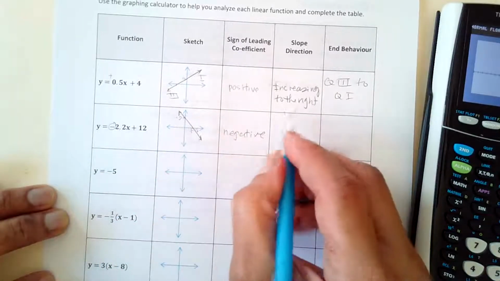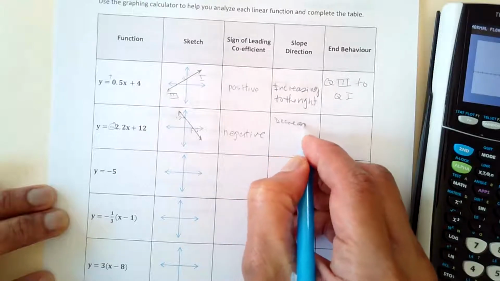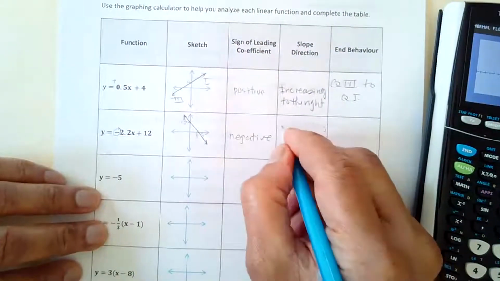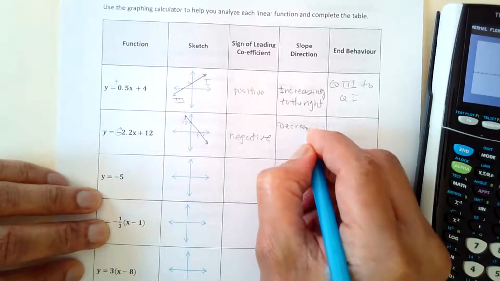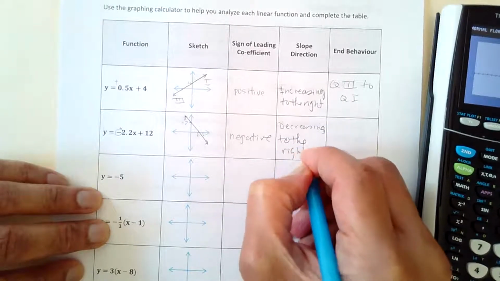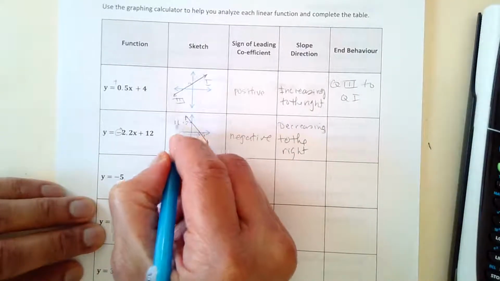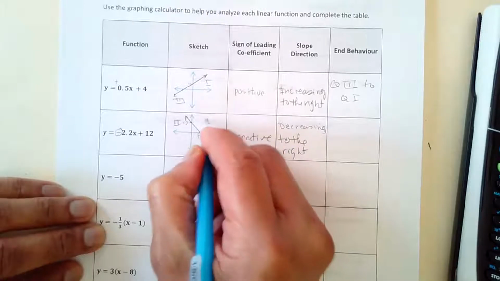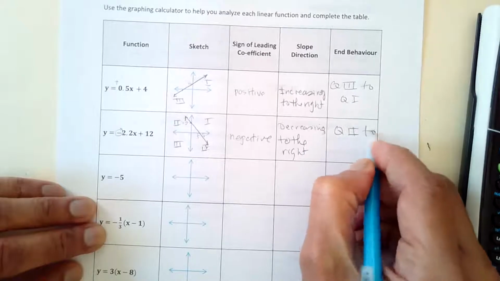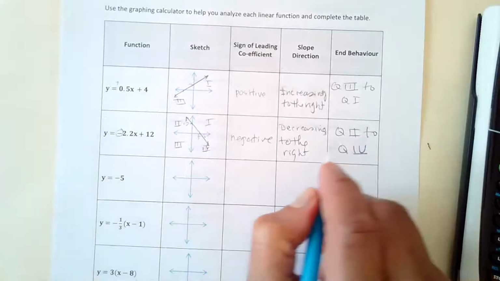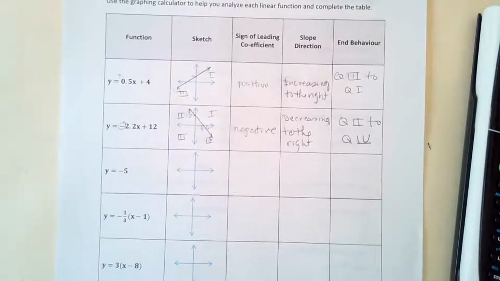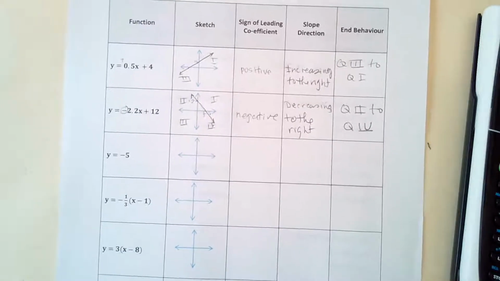It's decreasing to the right. And this goes from quadrant 2 to quadrant 4.